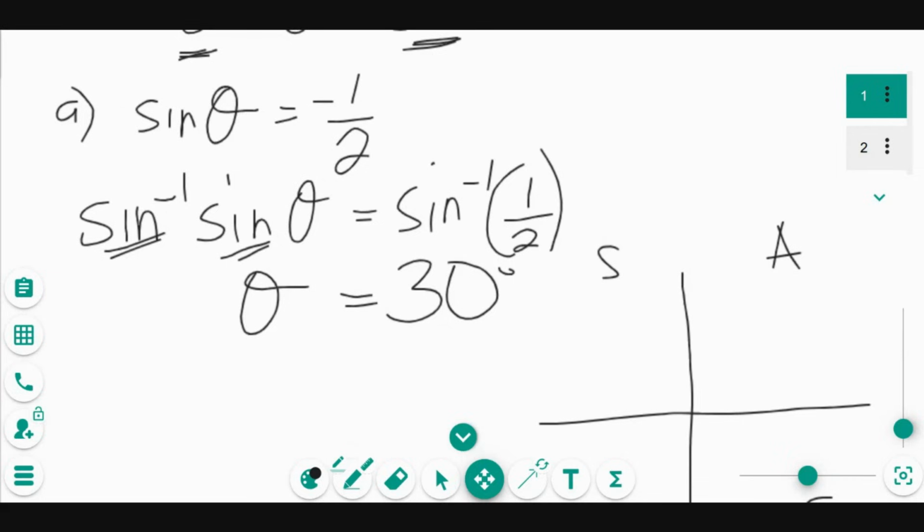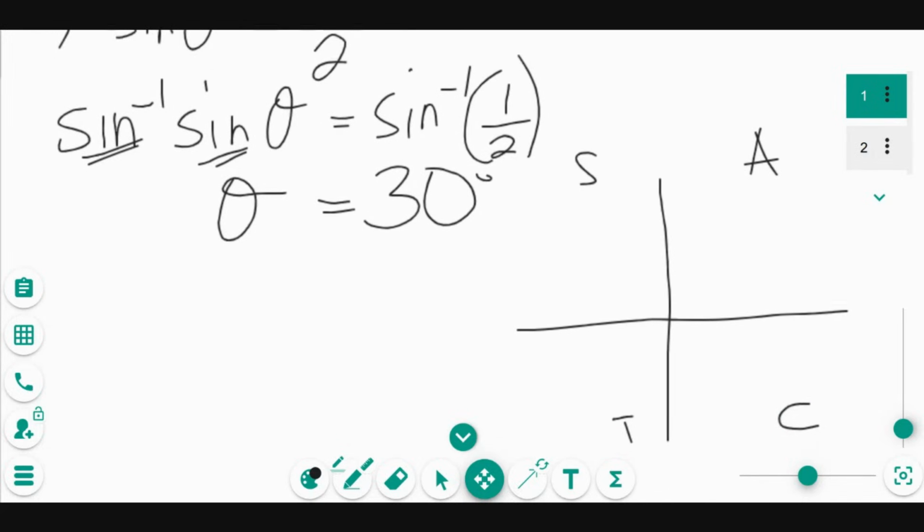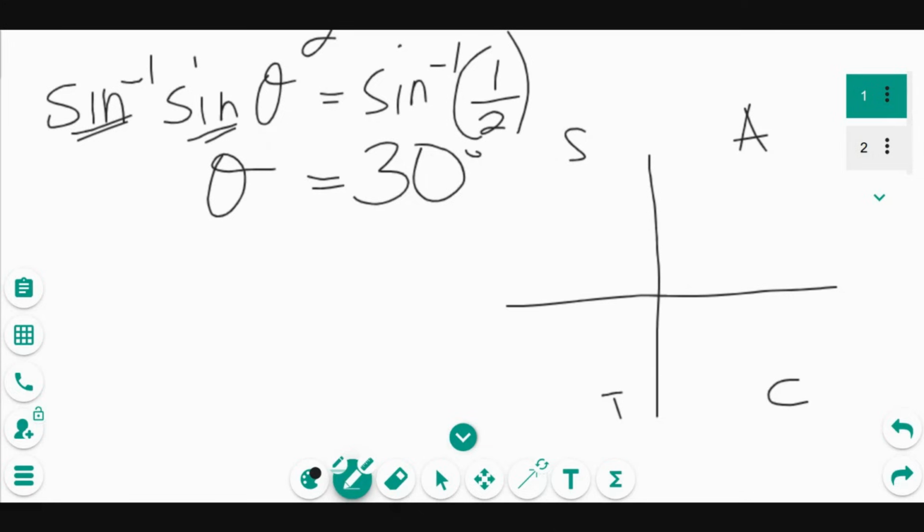Where sine is negative, those are the only places where this 30 satisfies. Looking at the first quadrant, all of them are positive, so I cannot use that. In the second quadrant, sine is positive, so I leave it. Why? My sine theta was -1/2, it was negative. So I get here where tan is positive, and that means the sine is going to be negative.